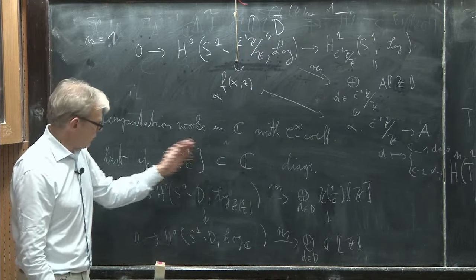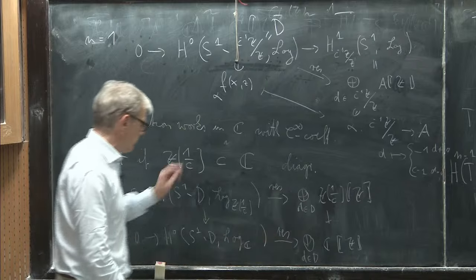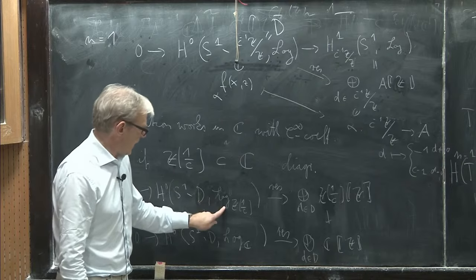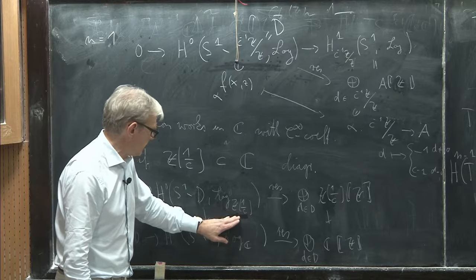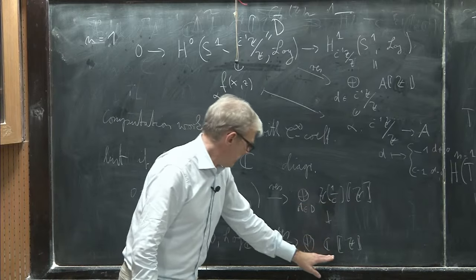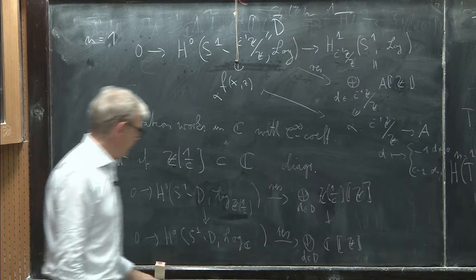And by naturality of all this construction, it is clear that this diagram commutes. This means if I start with a class which is defined for this ring with these integrality conditions, and I go here and then to there, it's the same as going to here and then to there.